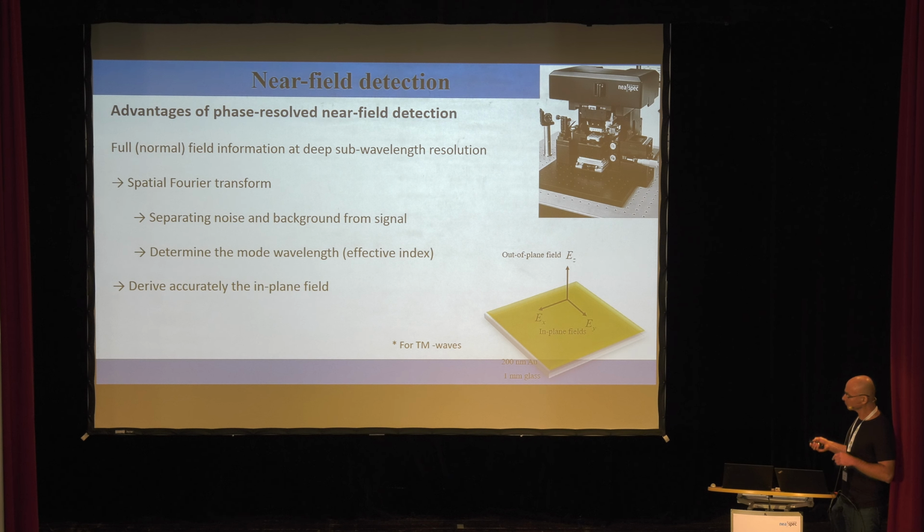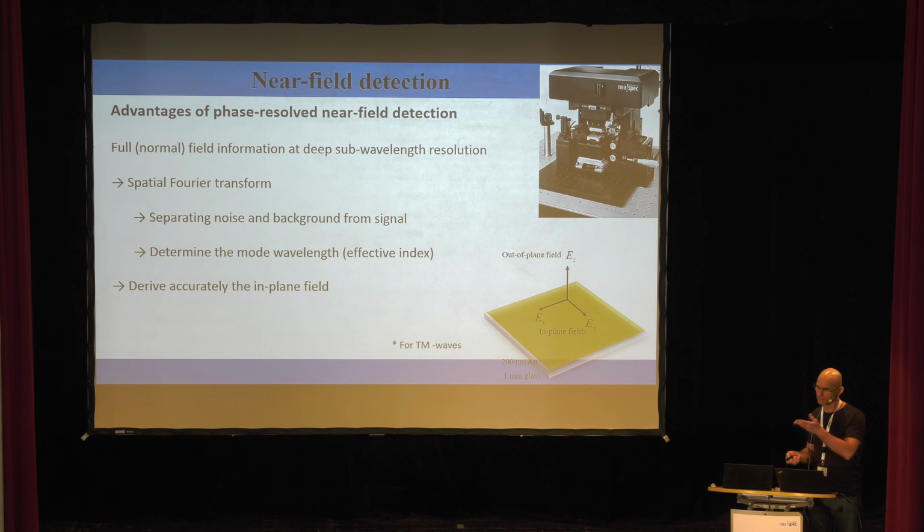So even though we measure only a single component, the out-of-plane component, by knowing all the information, we can extract also the in-plane component. Another very important thing is that it allows us to perform a spatial Fourier transform. With the spatial Fourier transform, we gain more information, for example exactly what the in-plane wave vector is, or the effective index, or the mode index that the previous speaker mentioned. And it also allows us to efficiently filter noise and background.